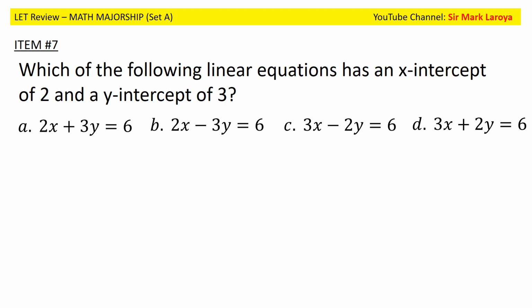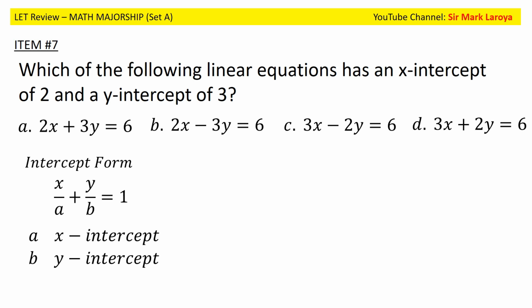So for this problem, ang kailangan nating gawin dito to find the linear equation given the two intercepts, the x-intercept and the y-intercept, gagamitan natin siya ng intercept form. So that is x over a plus y over b equals 1. Kung saan, ang a is our x-intercept and b is our y-intercept.